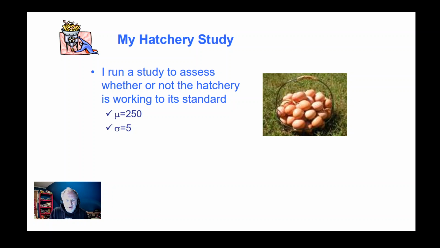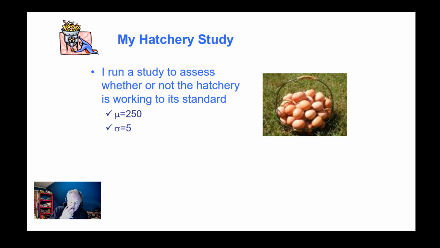So I'm going to run a study to assess whether or not the hatchery is working to its standard. I suspect that the hatchery has changed owners, and a couple of years in, the work is getting a bit shoddy. The hens that lay the eggs that are hatched, and the incubation, are not running as effectively as in the past.